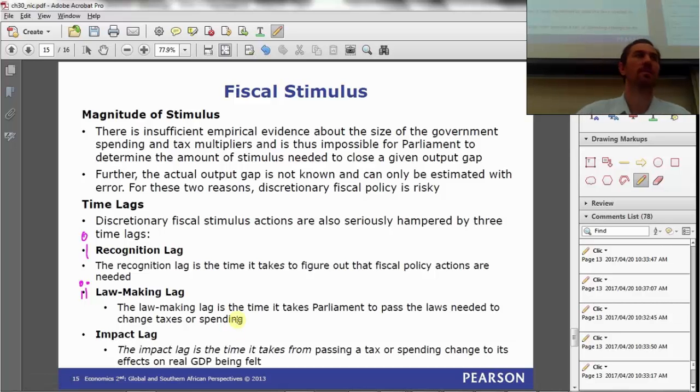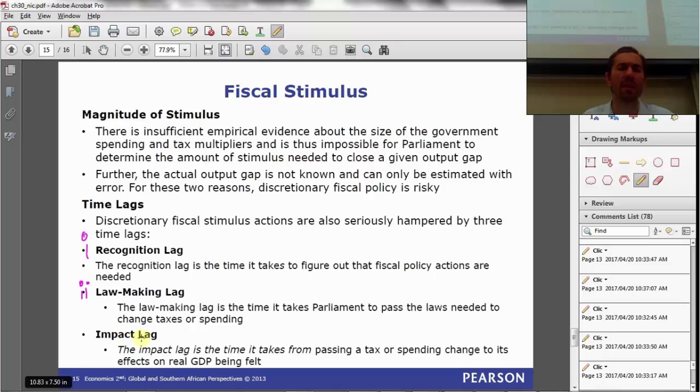Unless you have a finance minister who doesn't care that much about Parliament or breaking the law and is prepared to spend money on things that are not approved through the appropriate mechanisms. That's also described as state capture.